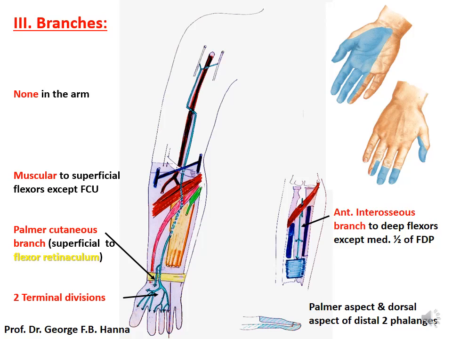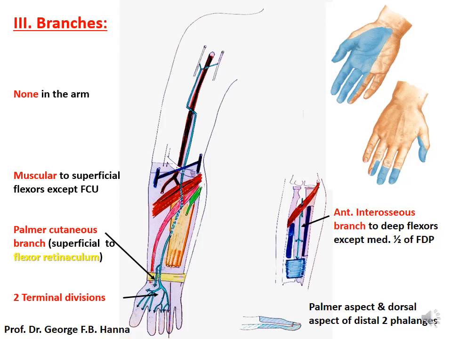As the name says, I'm palmar, so anything called palmar or ulnar passes superficial to flexor retinaculum. To supply what? Please look at the upper diagram on the right side of this screen. It supplies the lateral 2/3 of the palm. Palmar cutaneous branch of the median nerve, it supplies the lateral 2/3 of the palm.